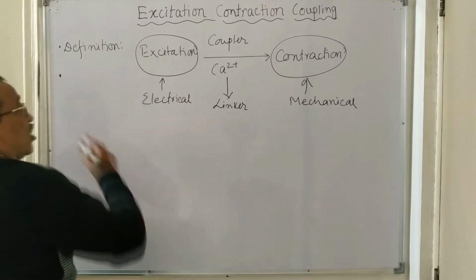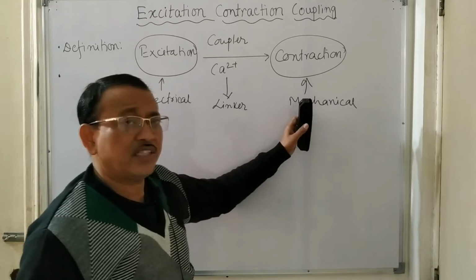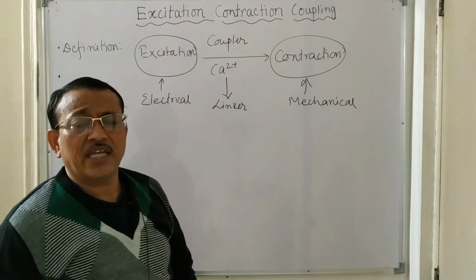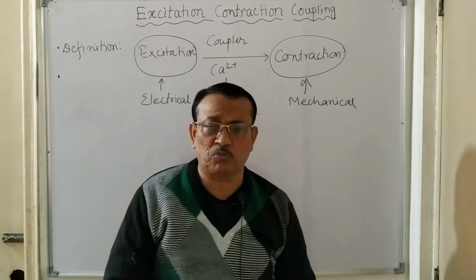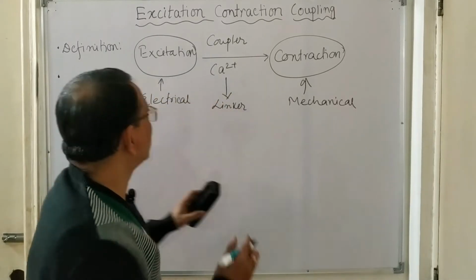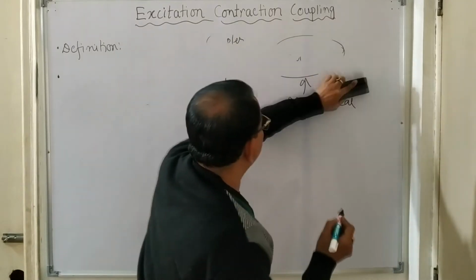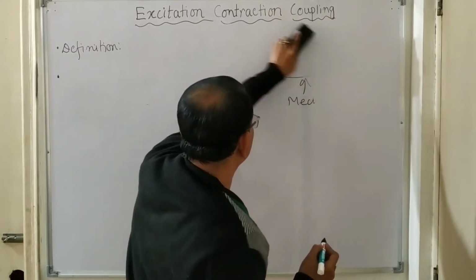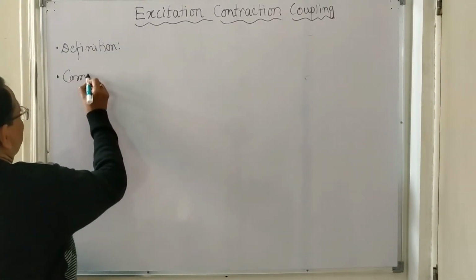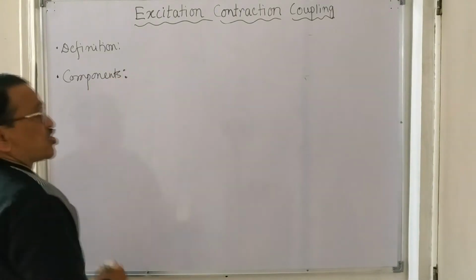Now, to carry out the mechanical events in response to the stimulation of the muscle membrane, a specialized structure is held responsible. That means the components responsible for excitation contraction coupling.